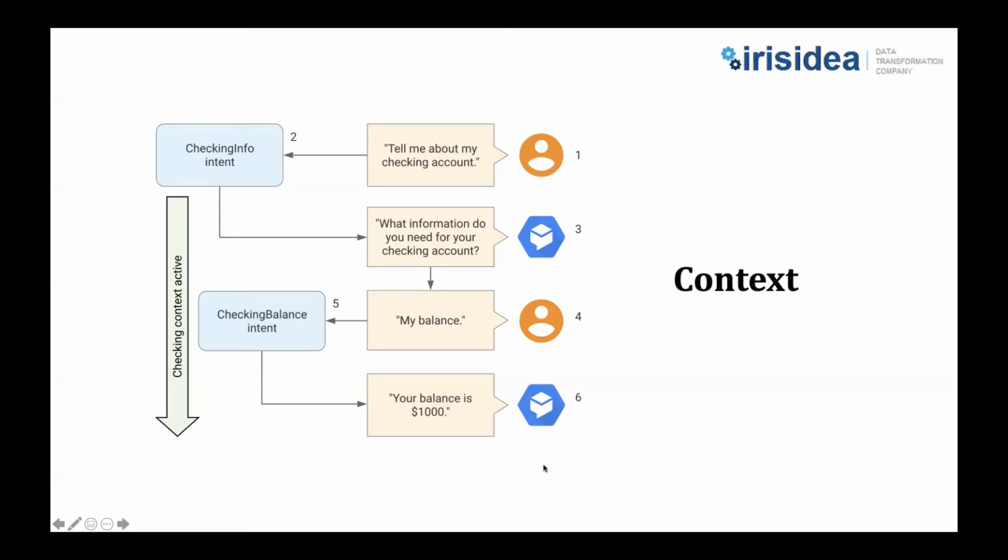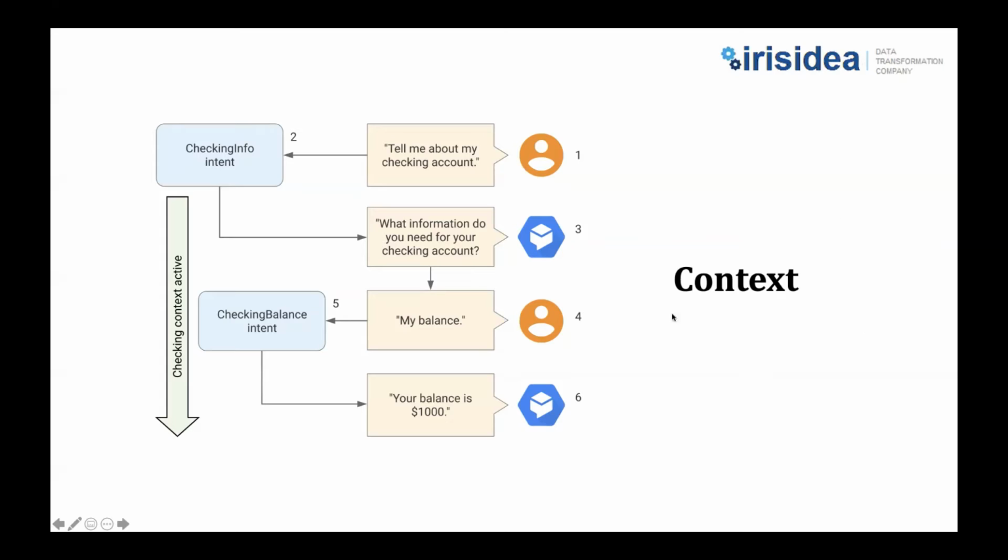Savings account. It will again give you the details, because you have changed the context from checking info to savings. But if you're not bringing savings into that question, it will automatically assume that you're talking about checking info, and instead of asking you the same question again, it will proceed ahead with sharing the details.